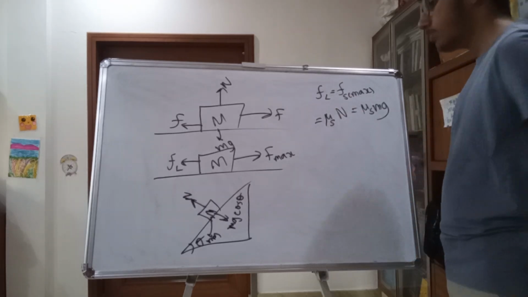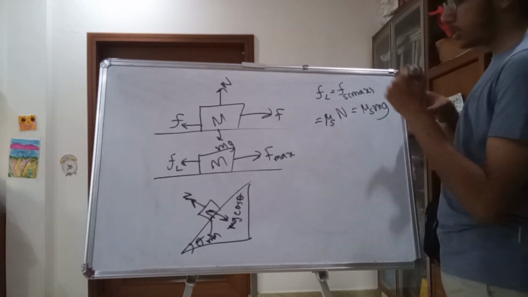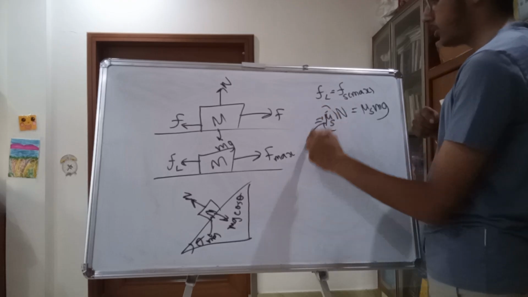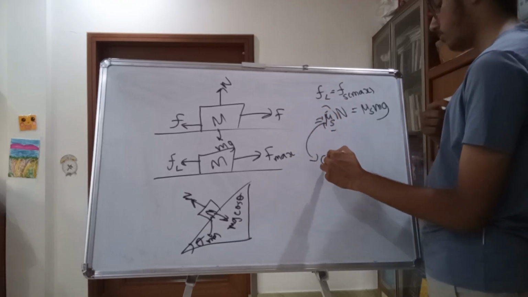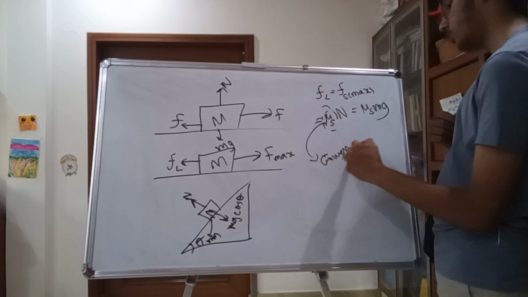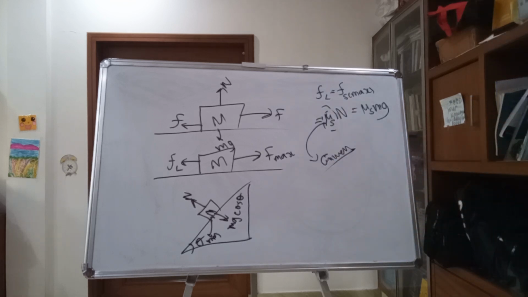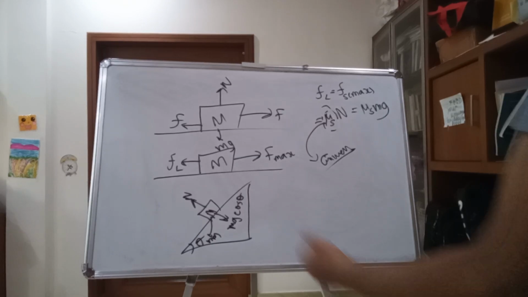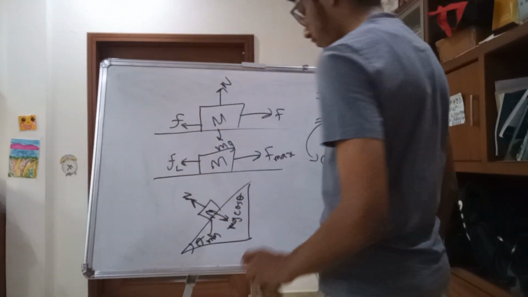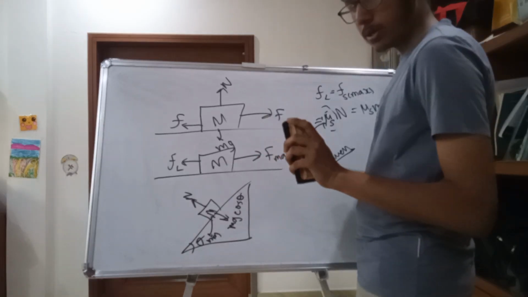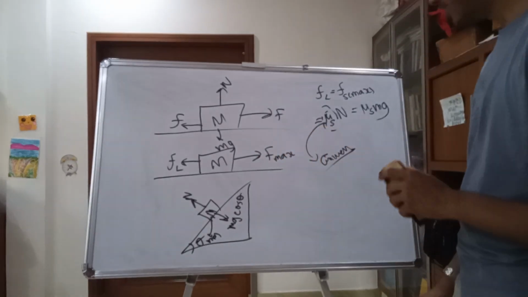This is the concept. The mu value will be given, called the coefficient of friction. The normal you have to calculate, the mass will be given, and gravity according to the question, whether 9.8 or 10, is your choice.